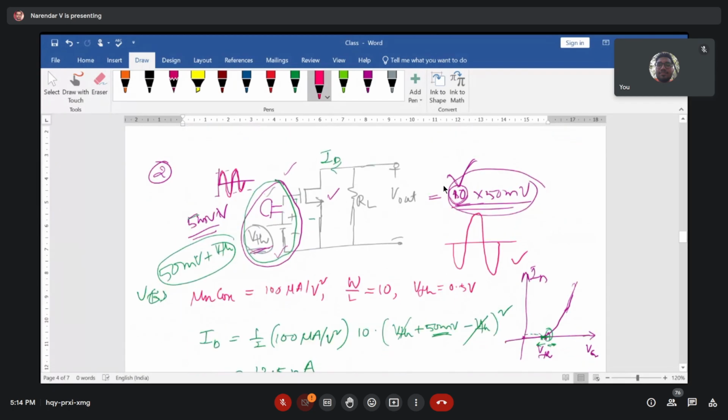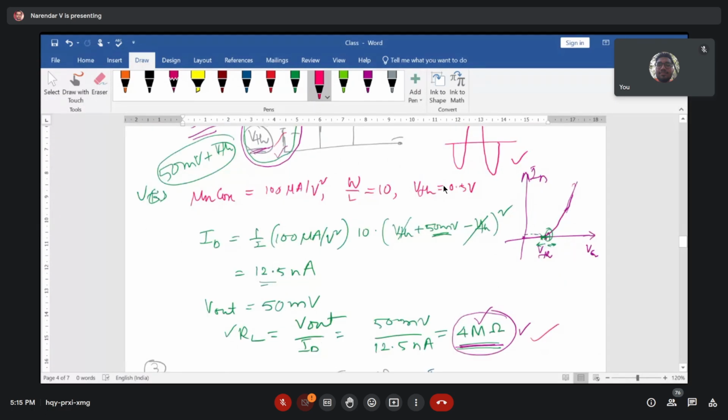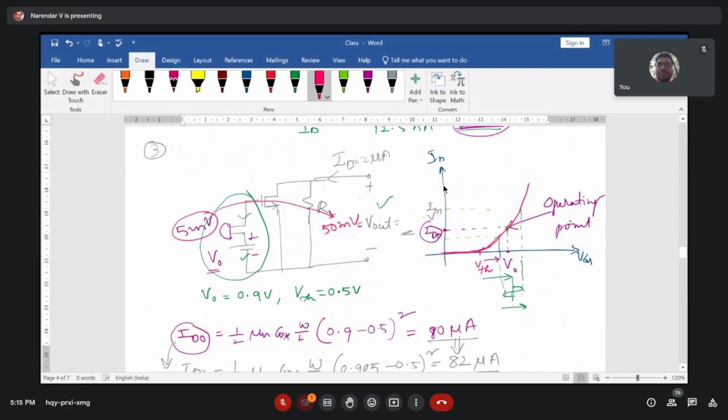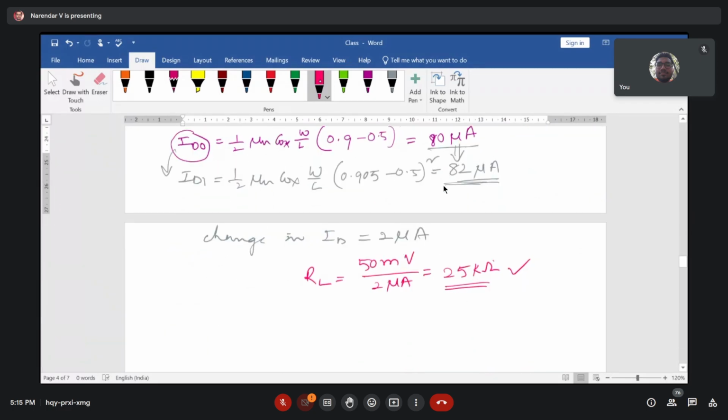And in the case of the second attempt, with DC biasing at threshold voltage, you will get some finite amount of current, which requires a larger value of load resistor, whereas when your biasing voltage is further increased greater than threshold voltage, then you require a lesser value of resistor to amplify your input signal.